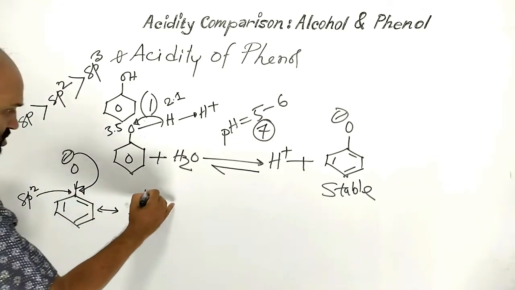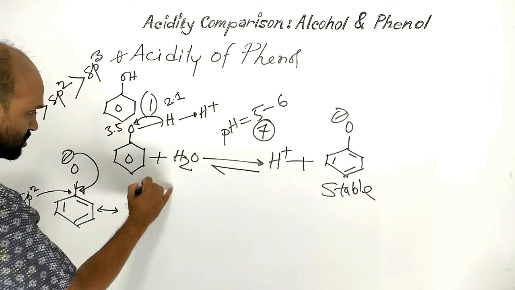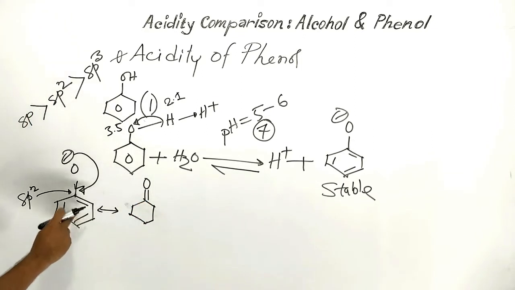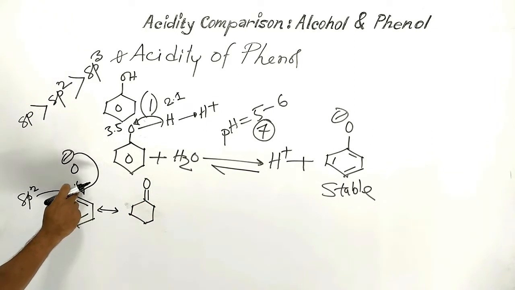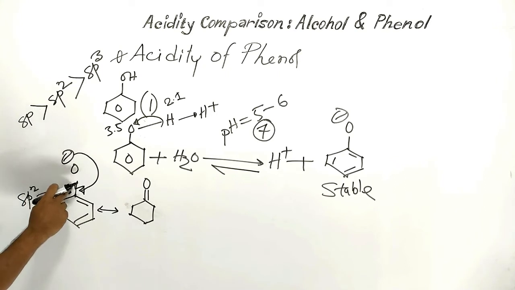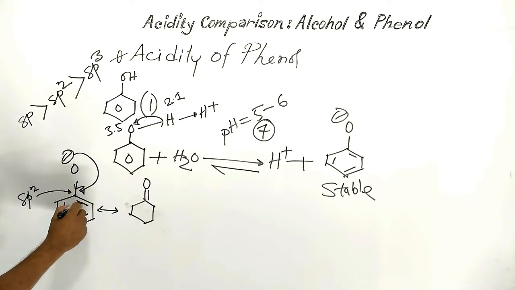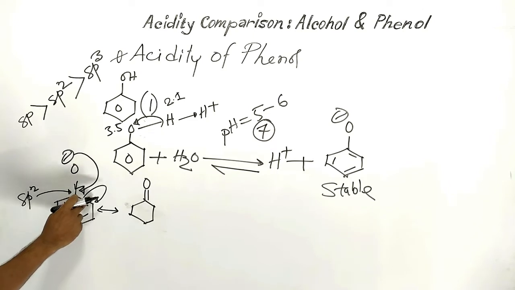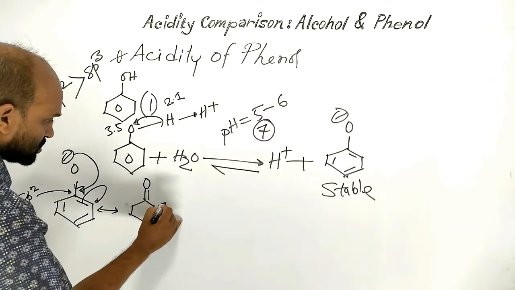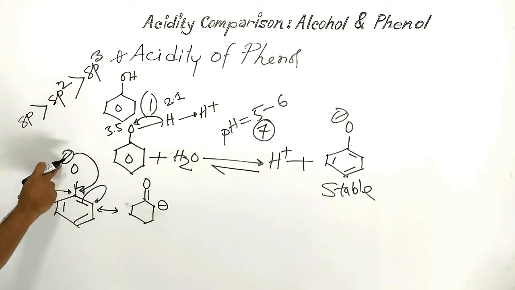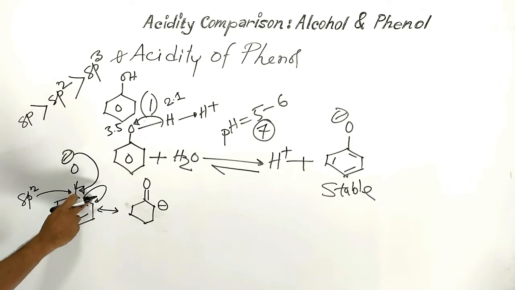This single bond turns into double bond, oxygen. Here, when these electrons come here, electron repulsion is created. Because of this repulsion, these pi bonded electrons turn into lone pair of electrons. So this charge shifted to the ortho carbon.